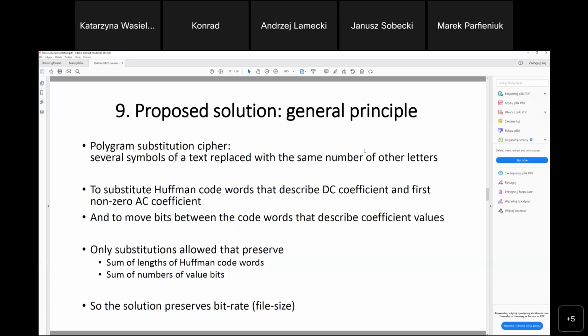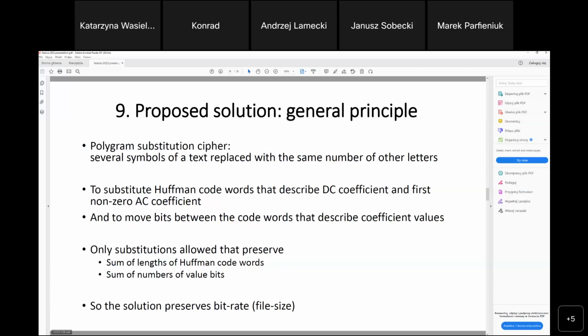Code words are replaced, which results in changing their lengths, so accompanying value bits must be moved so as to adjust to the replaced coefficients.